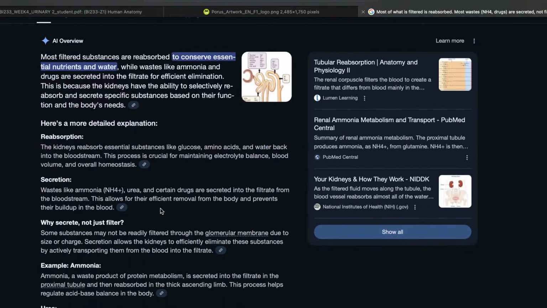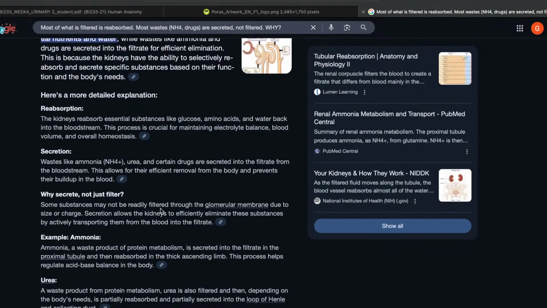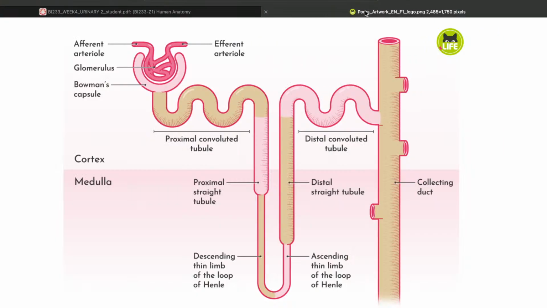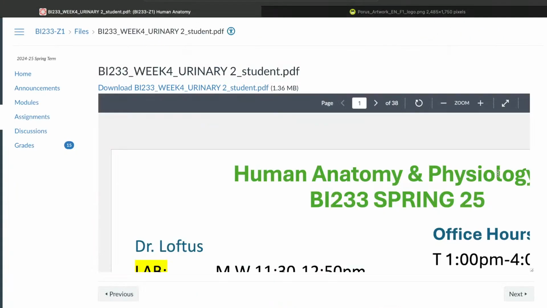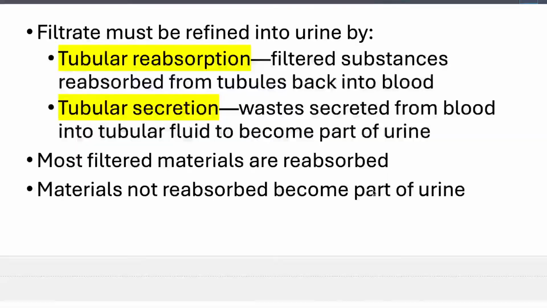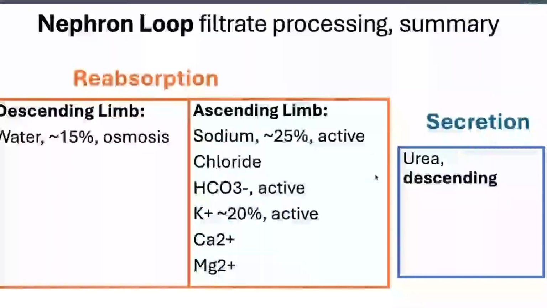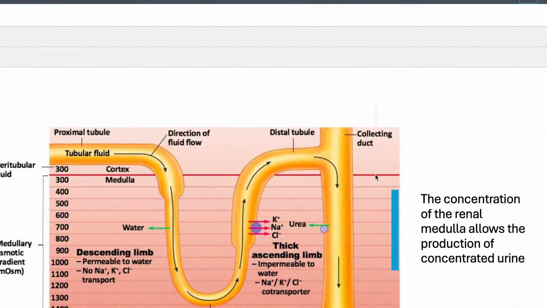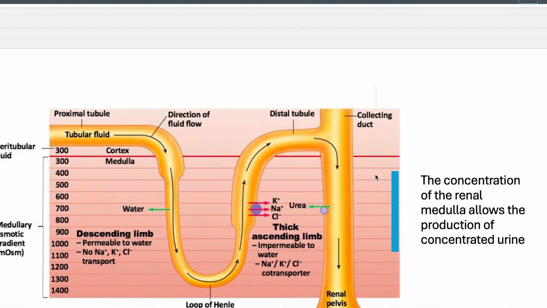Yeah, because we need nutrients and we don't need ammonium. All right, so let's return to where we were. Slide 21. The concentration of renal medulla allows the production of concentrated urine.